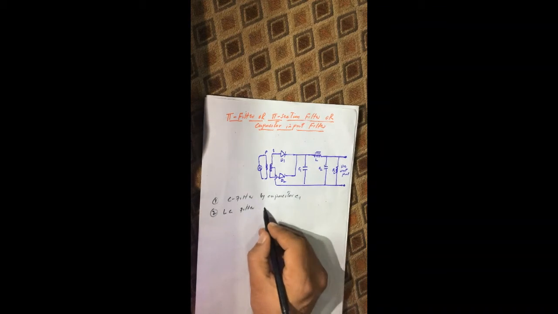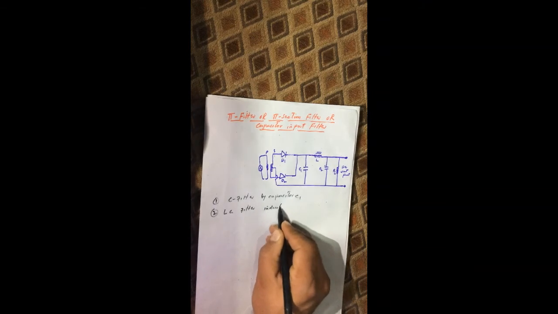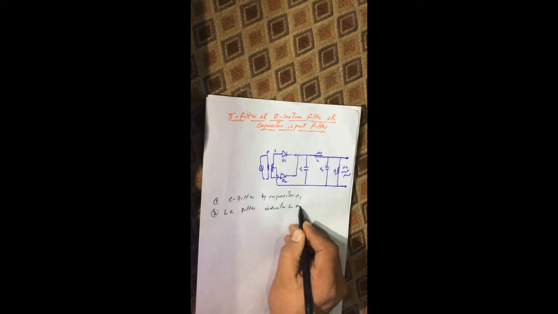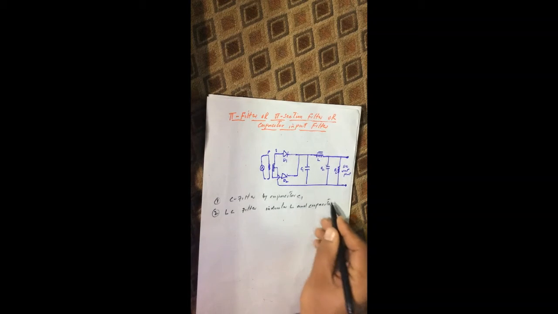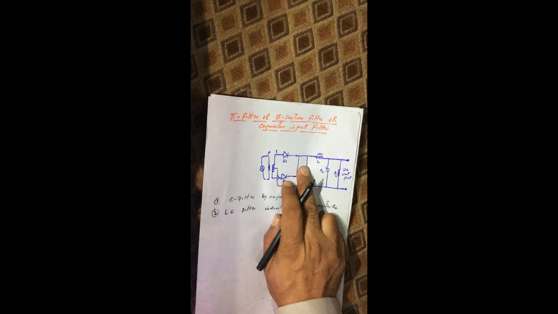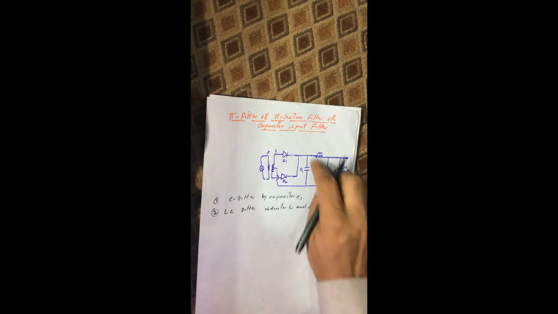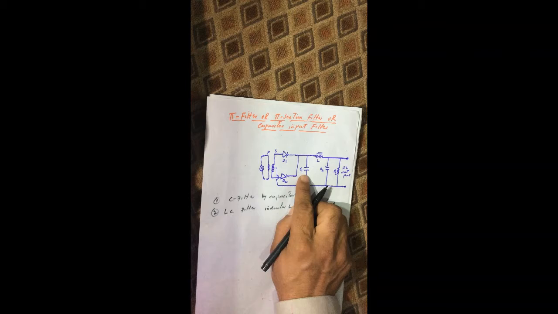represented by inductor L and capacitor C2. Now if I remove this C filter, it looks like LC filter. If I remove this component, then it looks like a capacitor filter.